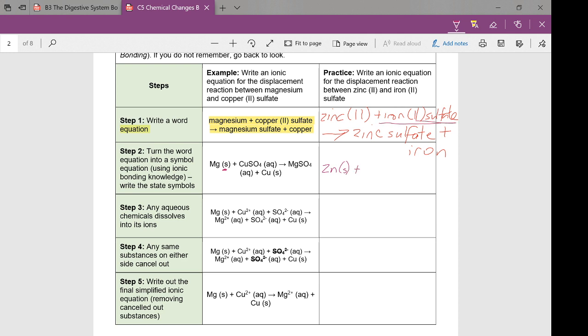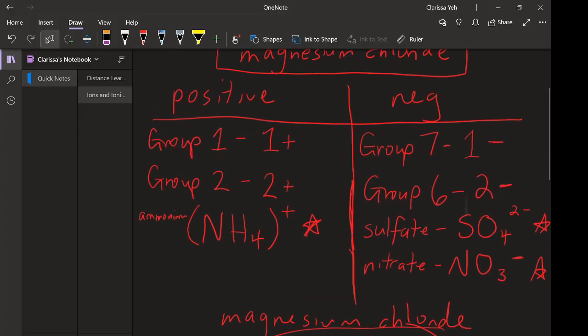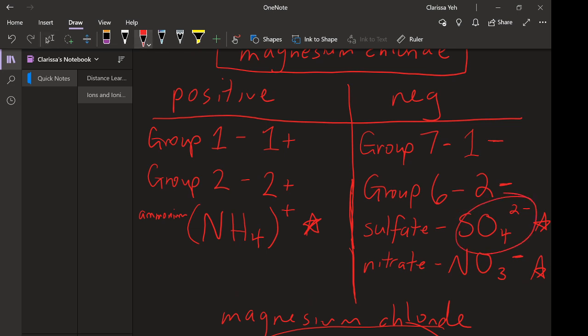Now I'm going to work on my next thing. So zinc, I turned it into a symbol. Now I'm going to turn iron 2 sulfate into a symbol. Iron 2 is iron with a 2+ charge, and sulfate has a 2- charge.